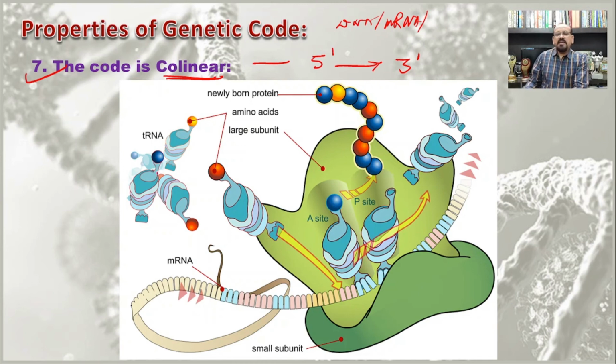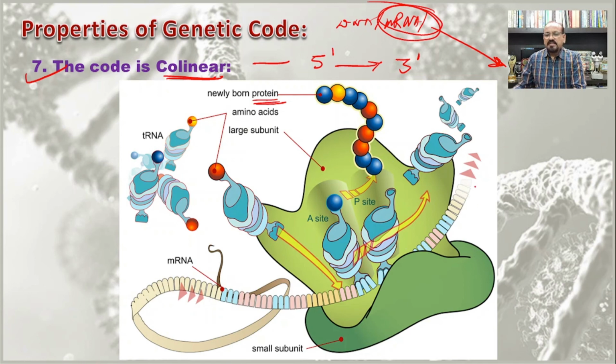So, if there will be the synthesis of protein with the help of the sequence of nitrogen bases present on the mRNA, it means that if the sequence of nitrogen bases is used for the synthesis of the protein, then there must be the similarity or the relationship in between the sequence of nitrogen bases on the mRNA and the sequence of amino acids in the polypeptide chain or the protein.